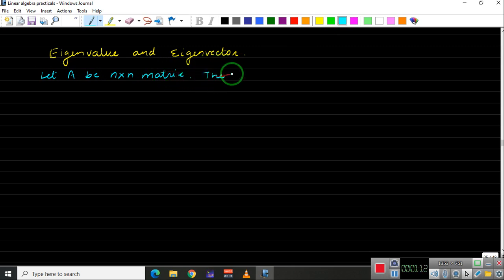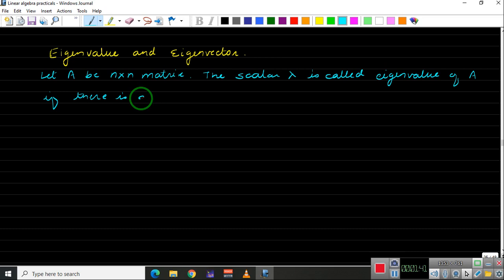The scalar, some number, it may be real or complex, lambda, the scalar lambda is called an eigenvalue of the matrix A if there is a non-zero vector, say x, such that we have Ax equals lambda times x.